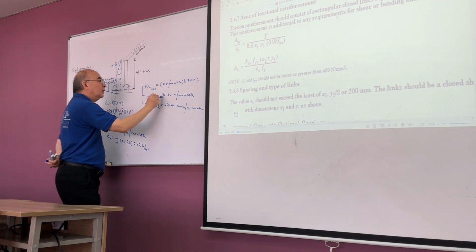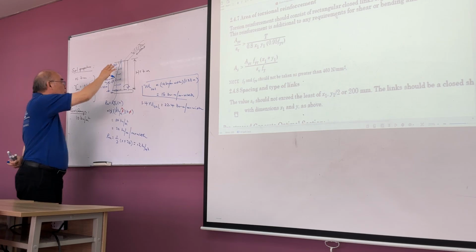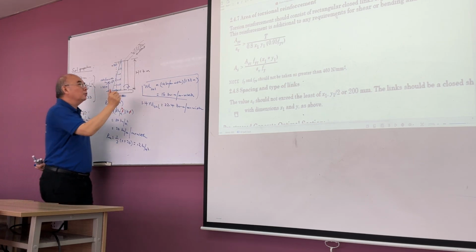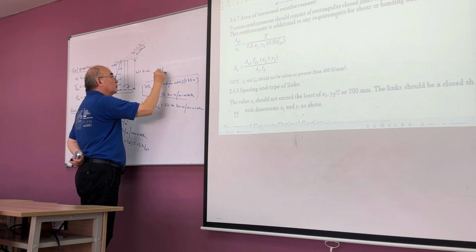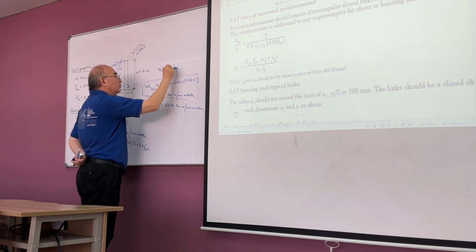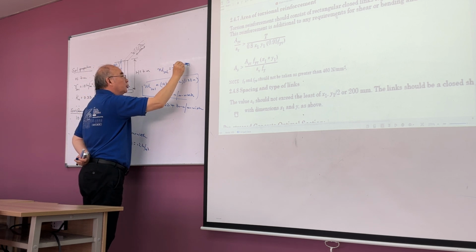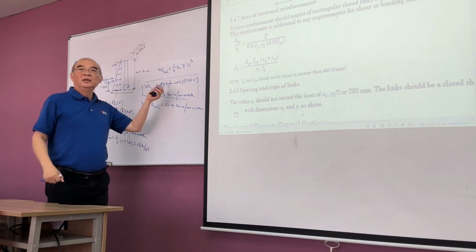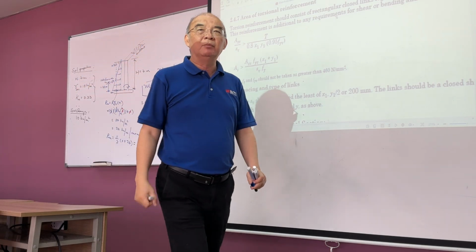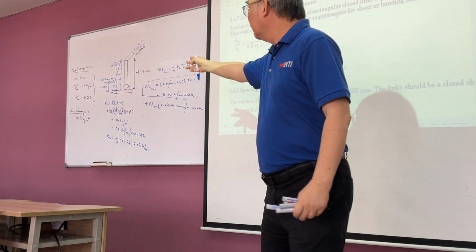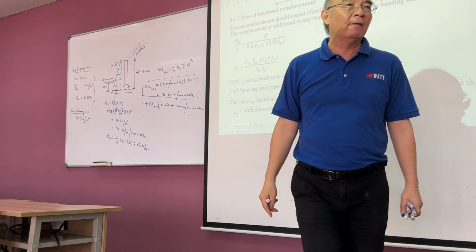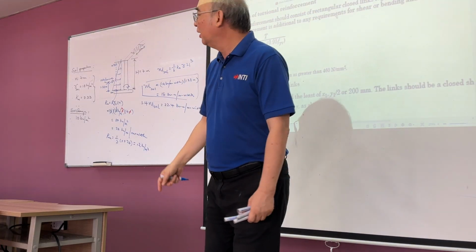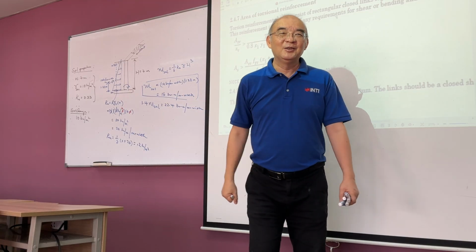Now you can go through this exercise to get this one. You can also use 1/6 of Ka gamma H cube. This formula I did not give, so you have to remember it. If you cannot remember, then you go through this. Understand or not? Which one do you prefer? Do you like to remember?